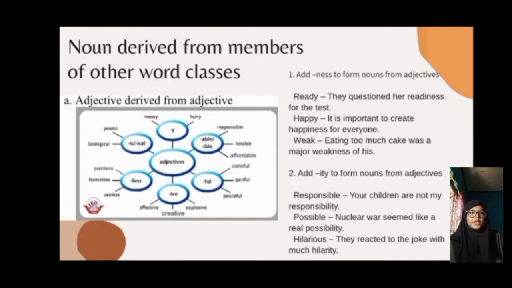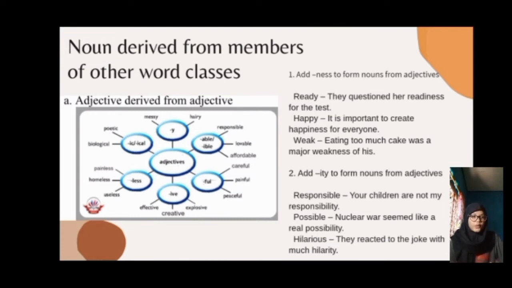Next, nouns derived from members of other word classes. So here there is a diagram about nouns derived from adjectives. I will give some examples to make you understand. Alright, the first is add -ness to form nouns from adjectives.